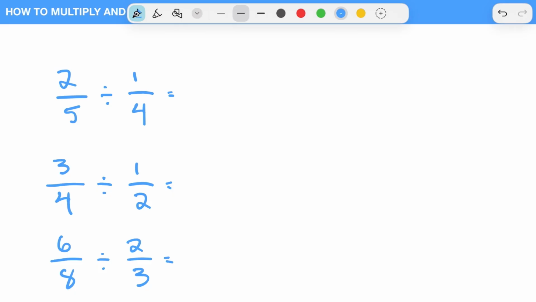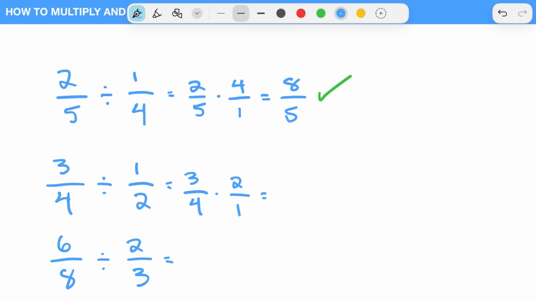Give these a try. 2/5 divided by 1/4 is going to become 2 over 5 times 4 over 1, which is 8 over 5. 3/4 divided by 1/2 is going to become 3 over 4 times 2 over 1, which will become 6 over 4.